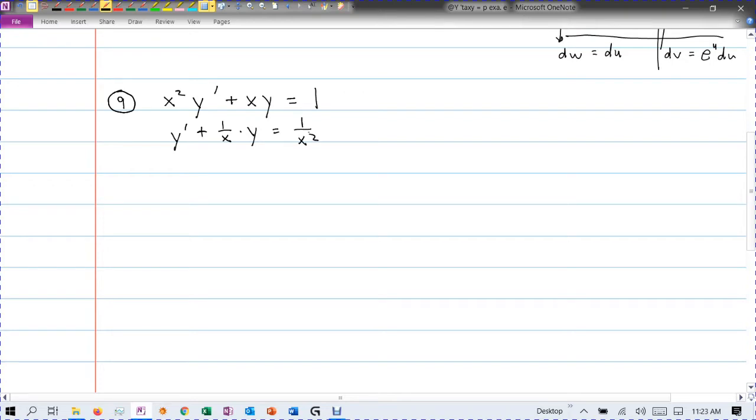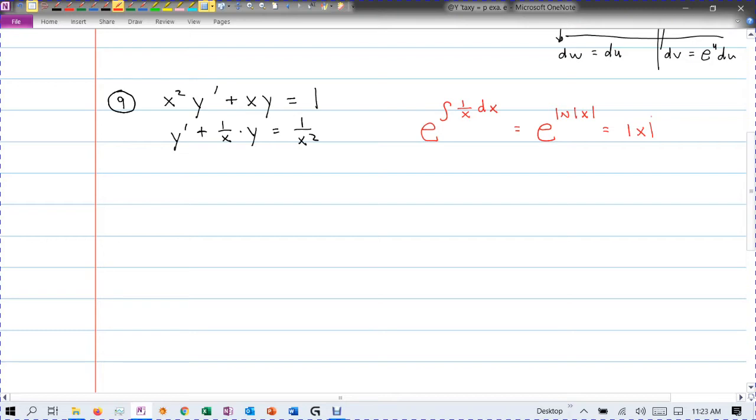We divided everything by x squared, and now this looks like the correct format, and our p of x is 1 over x. So we need the integrating factor, which will be e to the integral of 1 over x dx, which is e to the natural log of the absolute value of x, which equals just the absolute value of x.